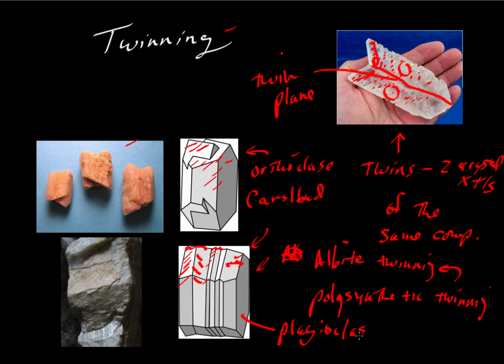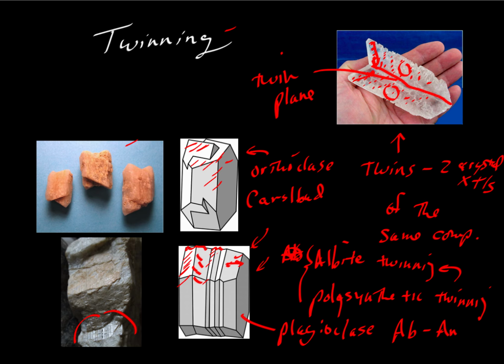It does not occur in the alkali feldspar series, so you won't find orthoclase doing this. But in the plagioclase series, anything along the albite and anorthite join can and usually will show this kind of albite twinning or polysynthetic twinning. In hand specimen, you'll see it in the form of striations. These striations are not color differentiated.